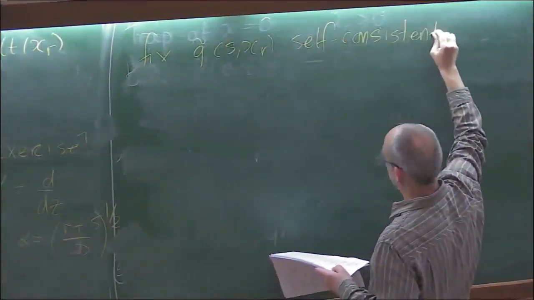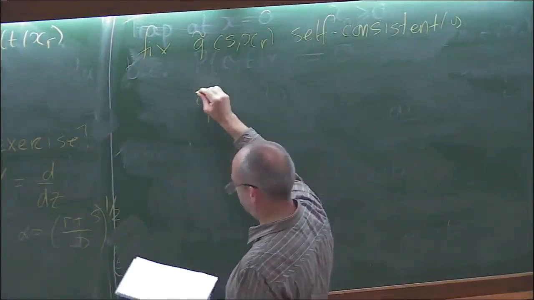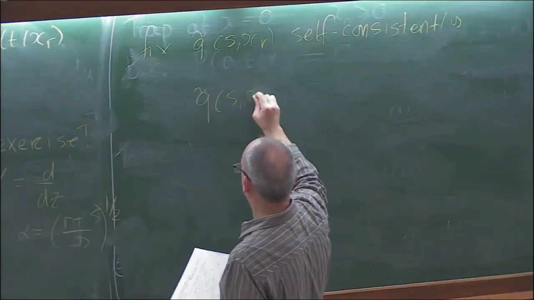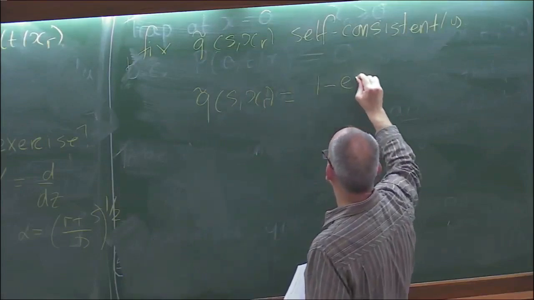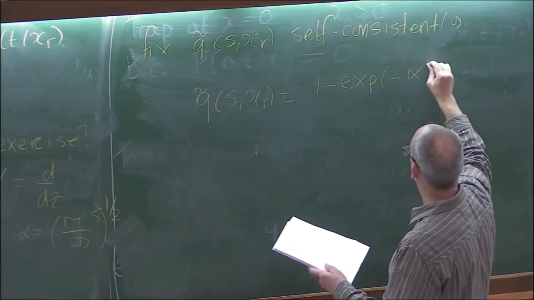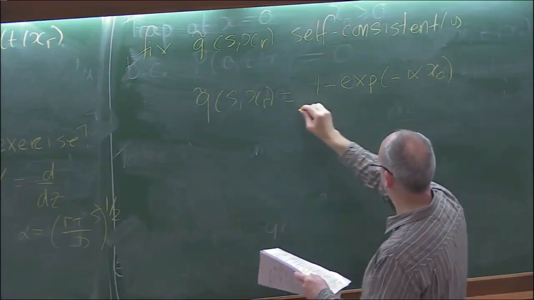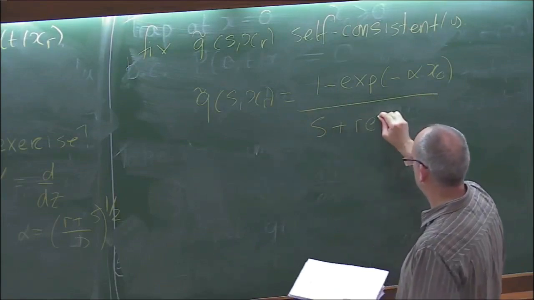And the result that we get is 1 minus exponential of minus alpha x naught, over S plus R exponential of minus alpha x naught.